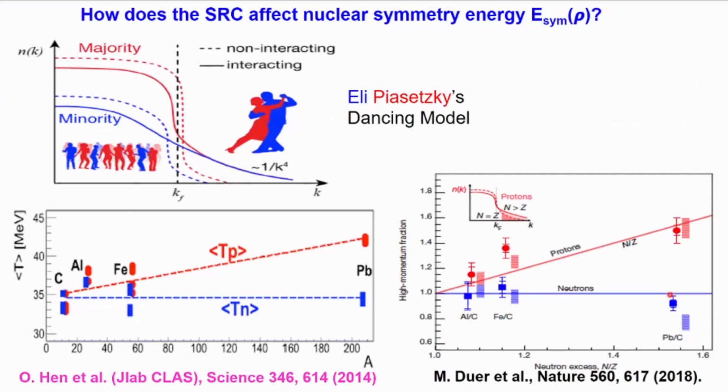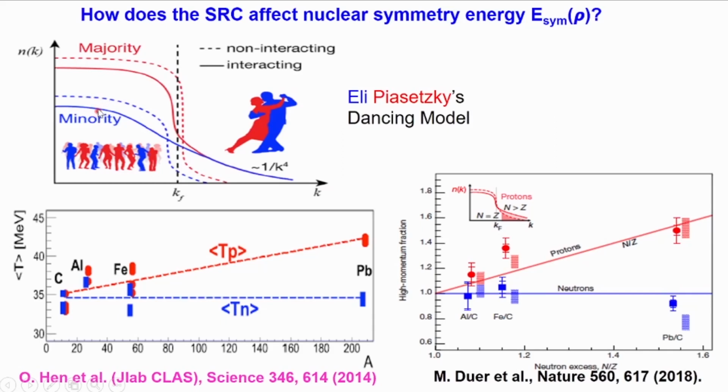Now, we are talking about the symmetry energy and the effects of short-range correlation on it. So what are the potential effects of short-range correlation on the symmetry energy? I have shown you this illustration by Ali. When you have an asymmetric system, like a neutron-rich nucleus, you have a lot more neutrons than protons.